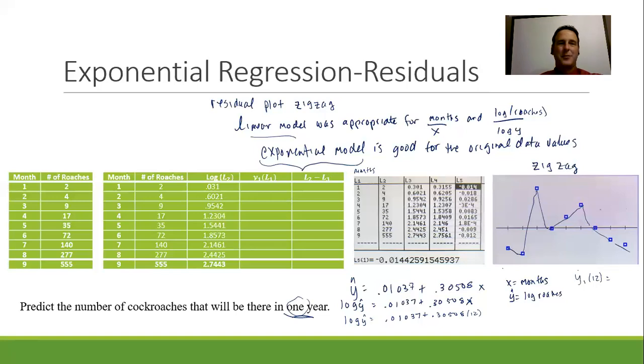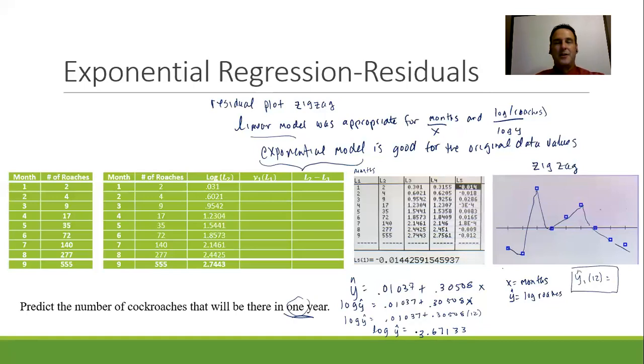Okay, now mine is a rounded answer, so probably won't look as clean as yours, but I'm going to get something that looks like this. I'm going to say the log of y hat is equal to 3.67133. Yours is maybe a little different if you use this little shortcut.